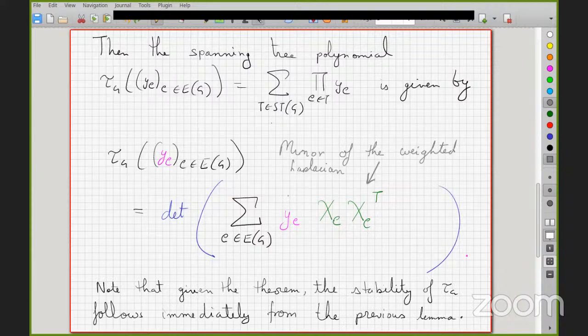Note that given this theorem, the matrix-tree theorem, the real stability of tau G follows immediately, right?